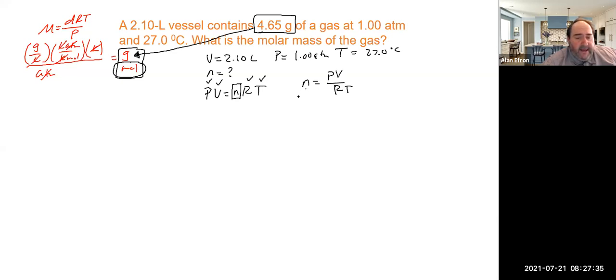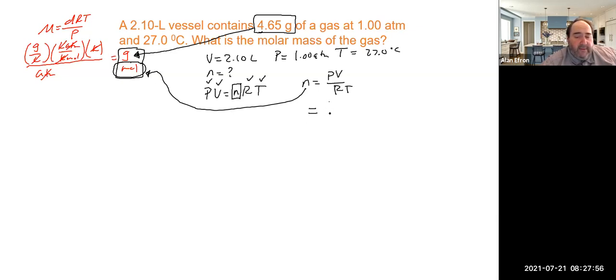And that n would be the moles part that we need. So the formulas that we saw on the previous page really are rooted in the ideal gas law. You can use the ideal gas law and think of it like a conversion type problem, and you could get to the same answer.